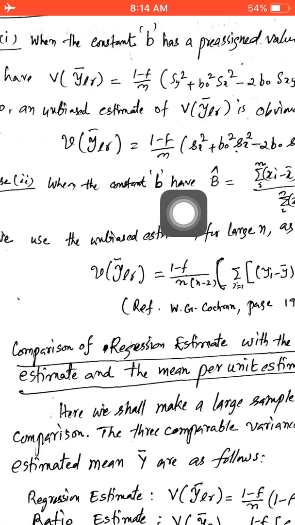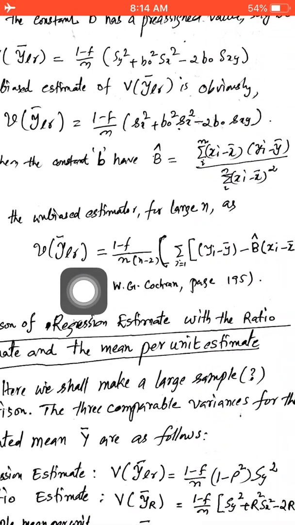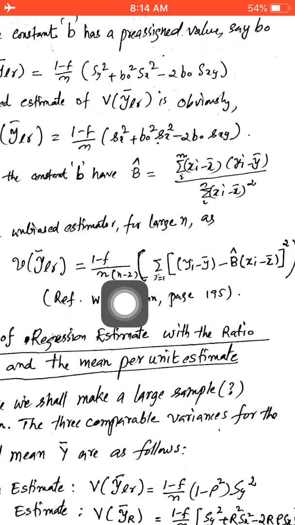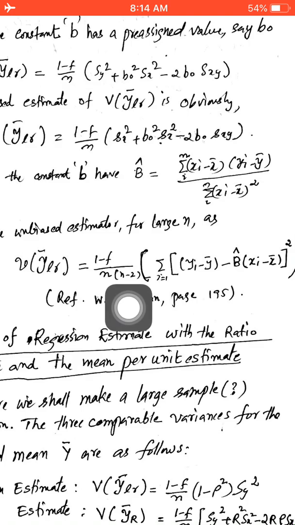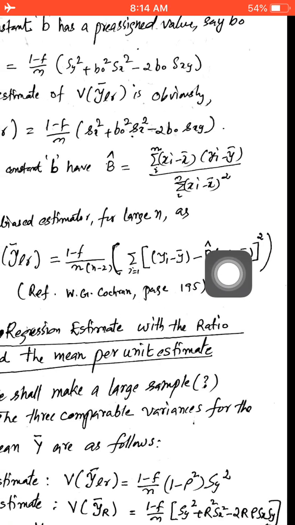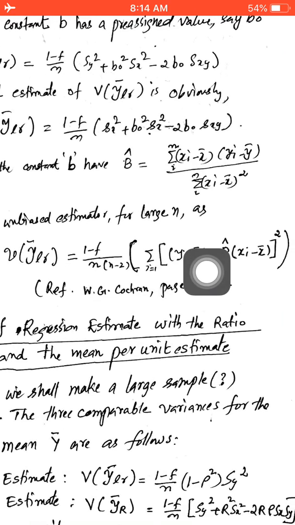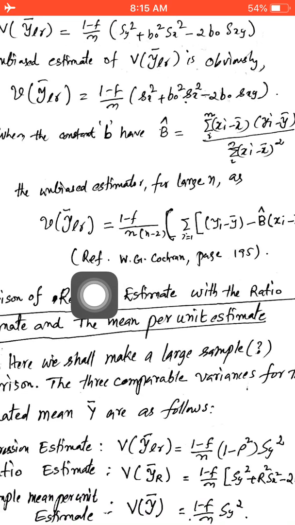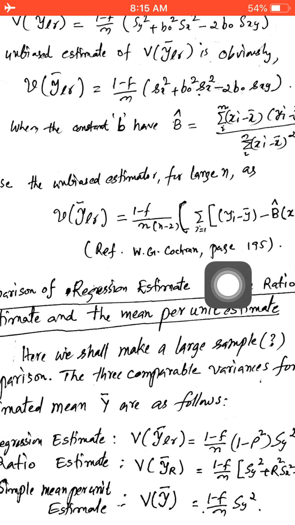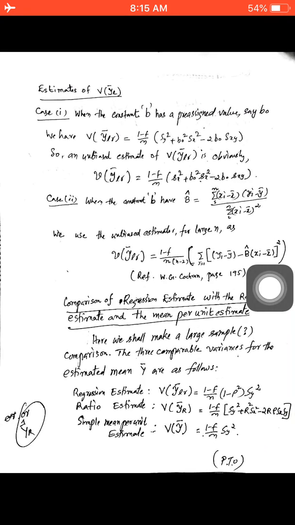When this is used for practical purposes, we apply this expression, variance of y bar LR equal to 1 minus f by n into n minus 2 into these things. Okay, and this is not a direct expression, and for details you can refer to Cochran's book, page number 195. Okay, these are regarding the sample estimation of sampling variance.